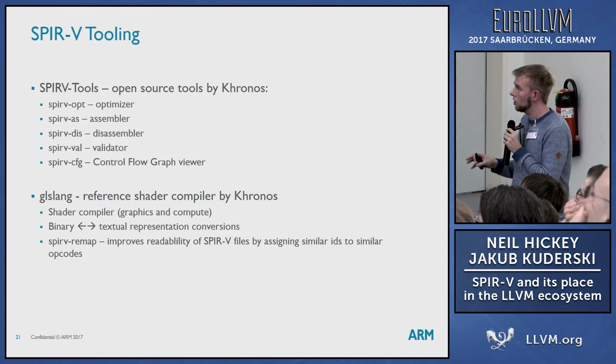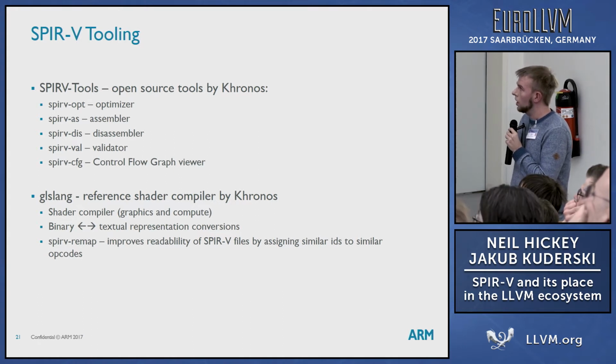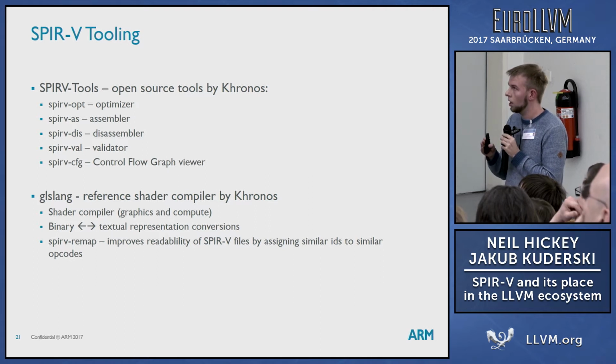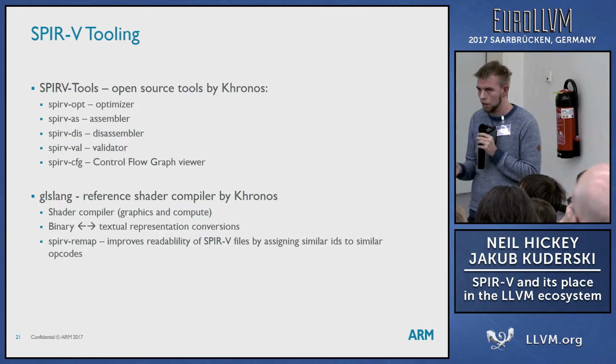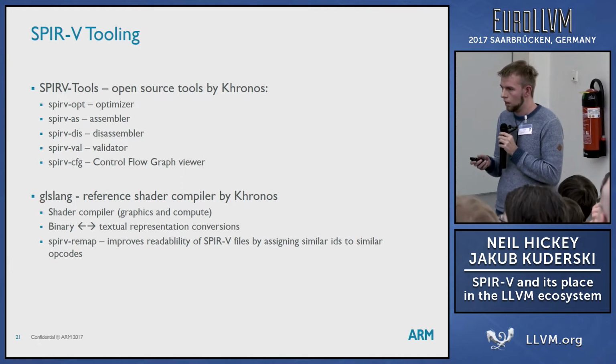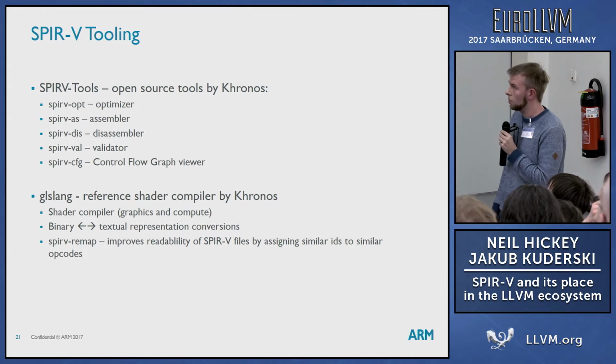There's an assembler, disassembler, optimizer, and validator that Neil briefly mentioned before. Assembler and disassembler can turn between textual and binary representation of SPIR-V. Even though it was not designed to be modified by hand, it is still useful when you are developing some tools to just modify SPIR-V and go between binary and textual representations.